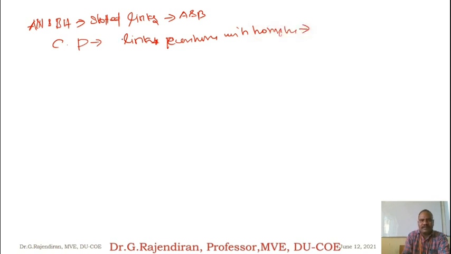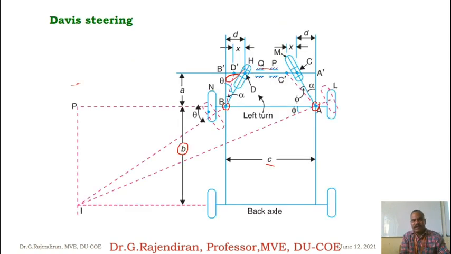This CD moves along PQ, which is the sliding member, whether it moves left or right. Clear? Now assume that the vehicle is taking a turn. Which turn? This is a left turn.